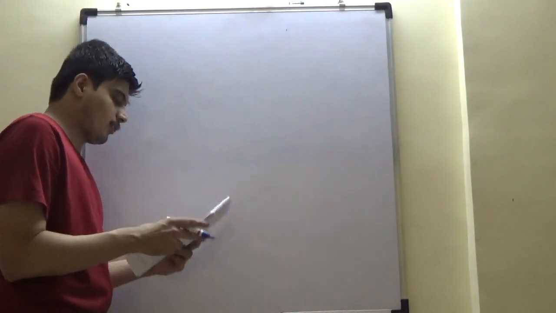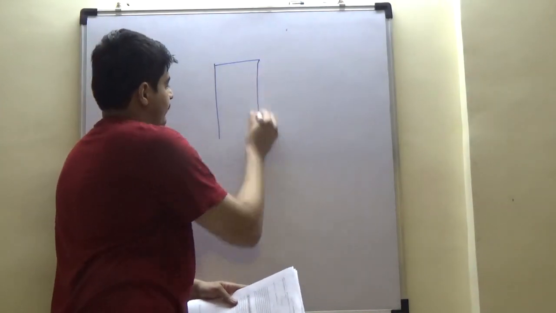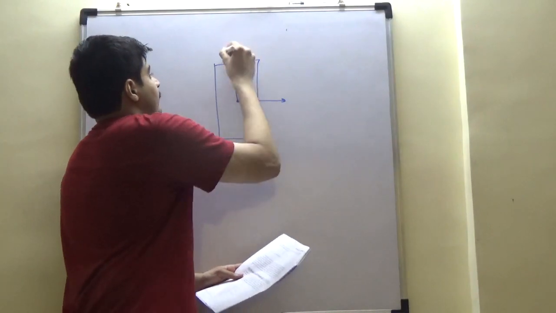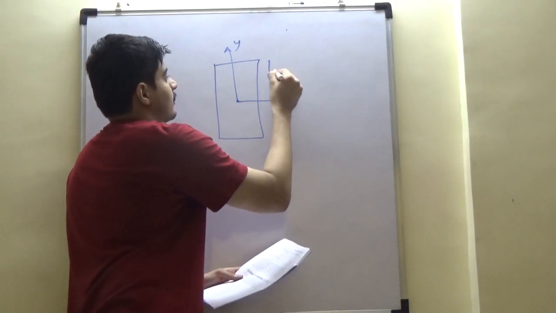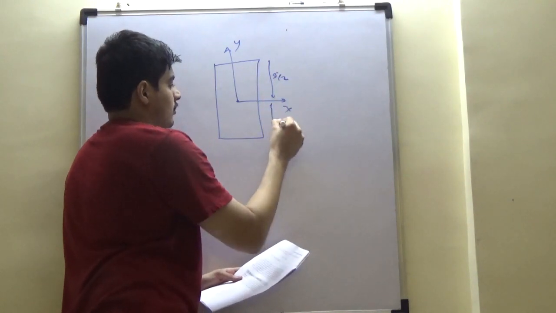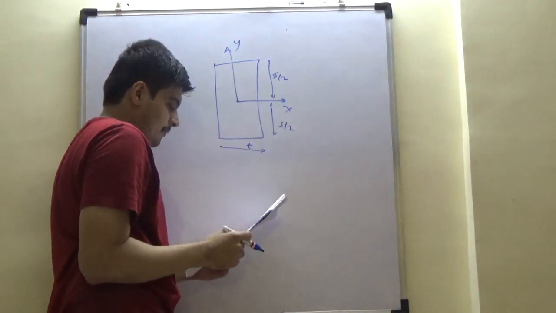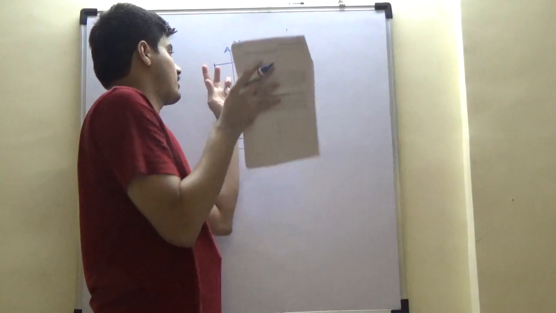The third section, therefore, as we said, is now thin rectangular plates. They have this length, which is S by 2, S by 2, and thickness T. Now, imagine this to be a cross section.